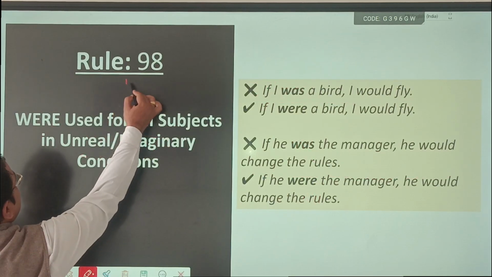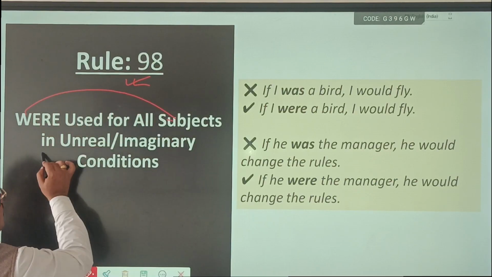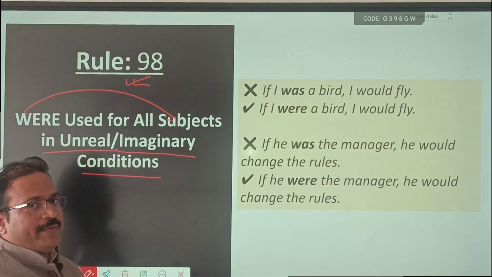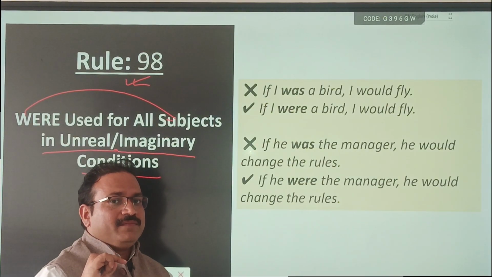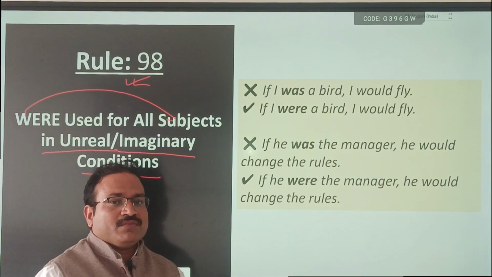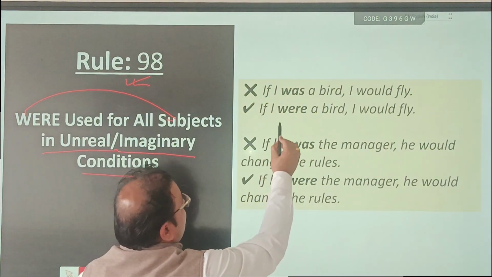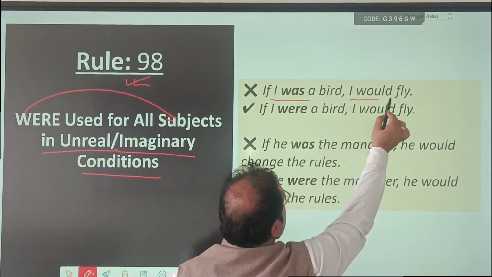Rule number 98. Were used for all subjects in unreal and imaginary conditions. Remember the slide 91, 92 rule? Were: imagination, hypothetical situation. So "If I was a bird, I would fly."